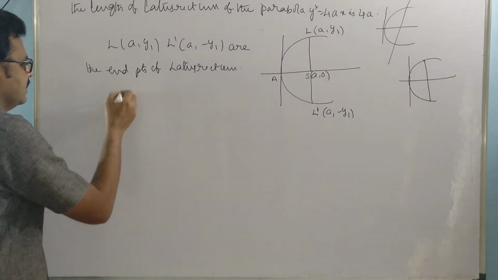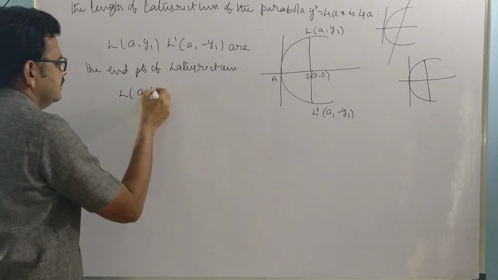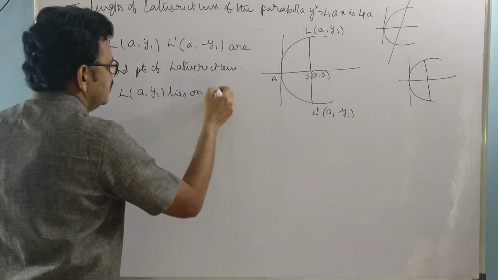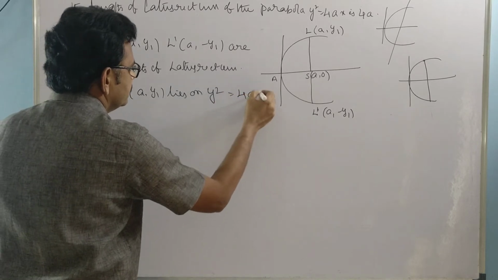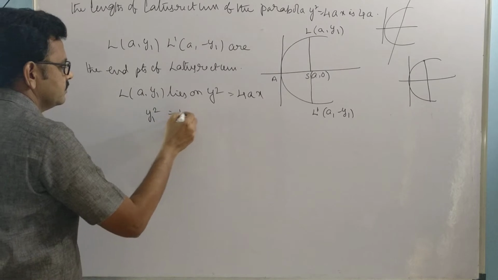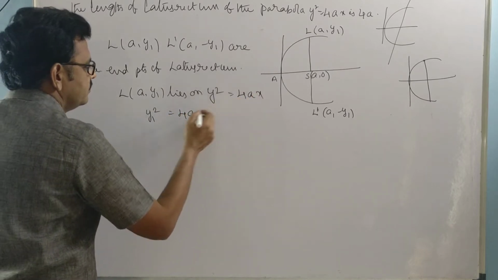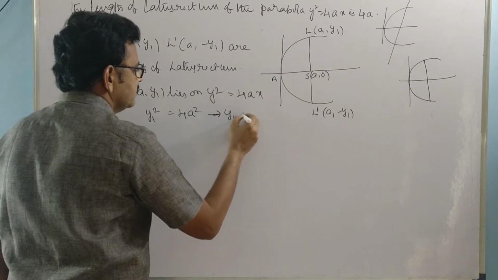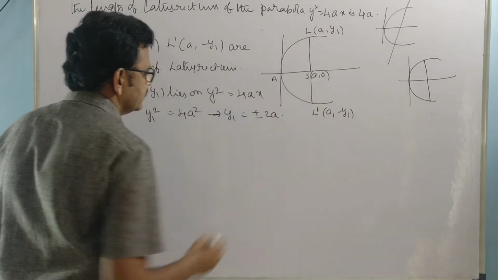Now since L, a comma y1, lies on the parabola y square is equal to 4ax, y1 square is equal to 4a into a, that is 4a square, which implies y1 is equal to plus or minus 2a.